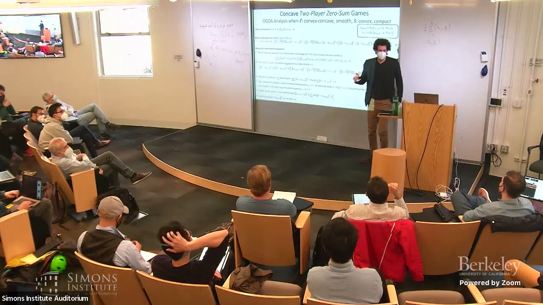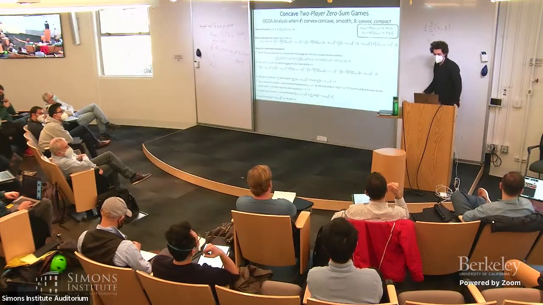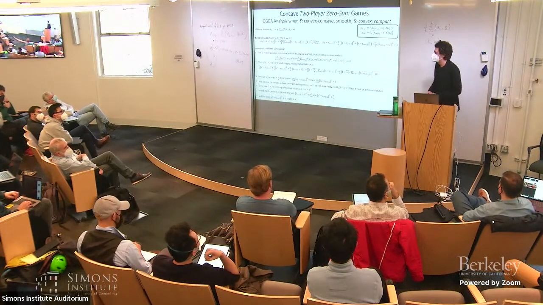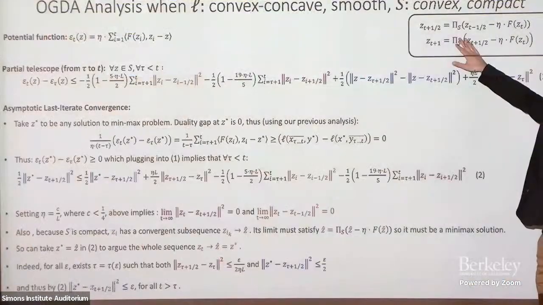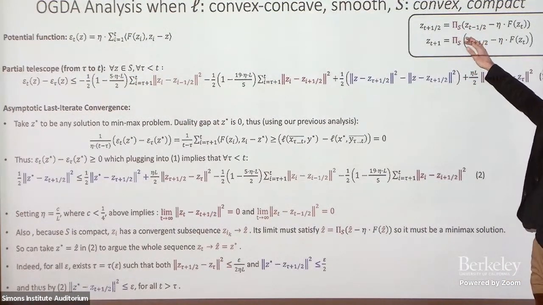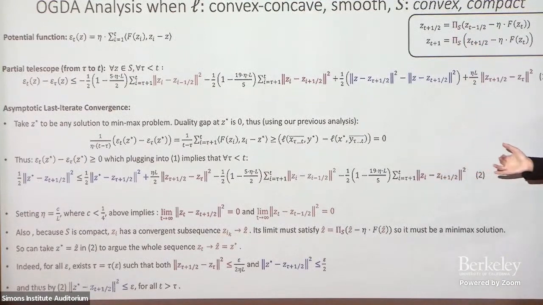The question, so Mike asked, could you provide some intuition about why the proximal point method does the job you want it to do? I said earlier that this is trying to approximate the proximal point method.